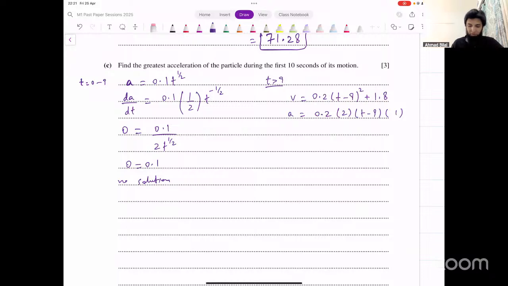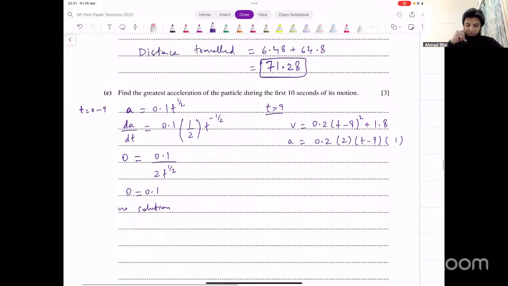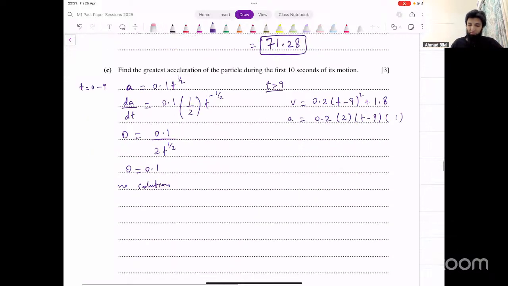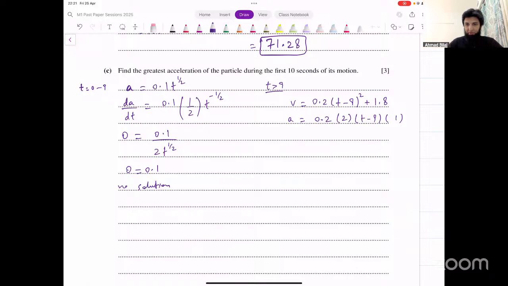Okay, let me go back to that question. Sorry about that. We'll go back to the previous part. A is equal to 0.2 into 2 into t minus 9. Let's simplify this. That gives us 0.4 into t minus 9.